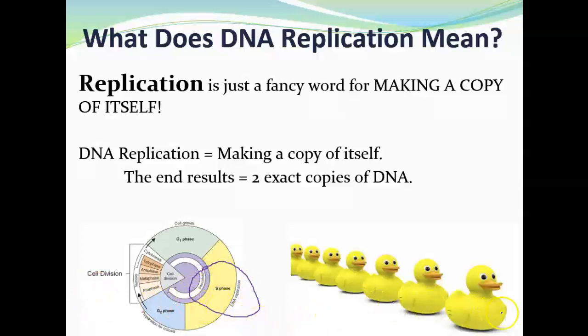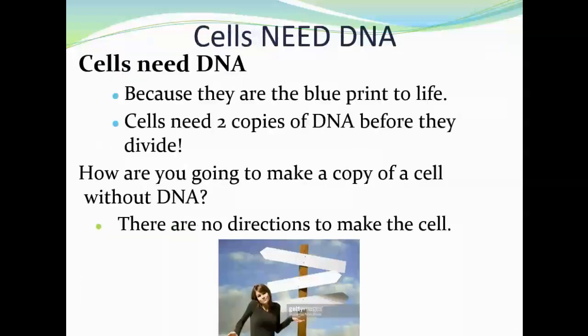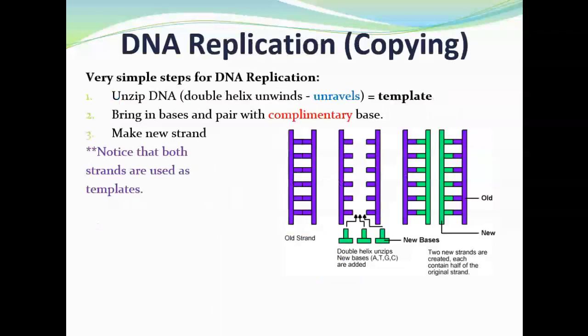The end results would be two exact copies that the cell will split between its two new daughter cells. Why do we do that? Because all cells need DNA. It's the blueprint of life. They need two copies before they can divide. Without it, you don't have any directions. So there are some steps, specific steps, but they can be simple if we don't look too hard.